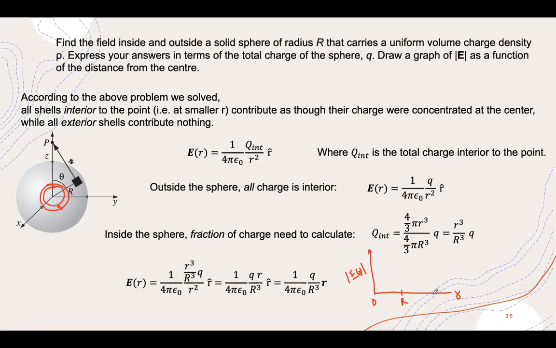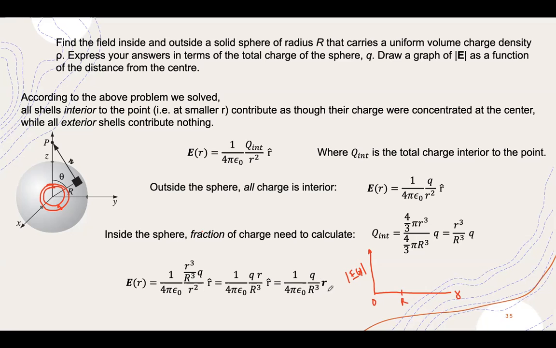Sir, if we go beyond R, then it will be a straight line, and from 0 to R, it will be, I think, hyperbolic in nature. Are you sure? See the expression here.